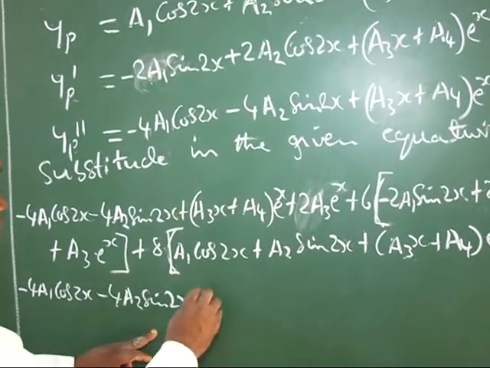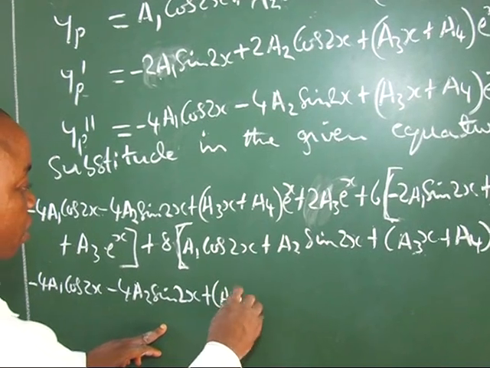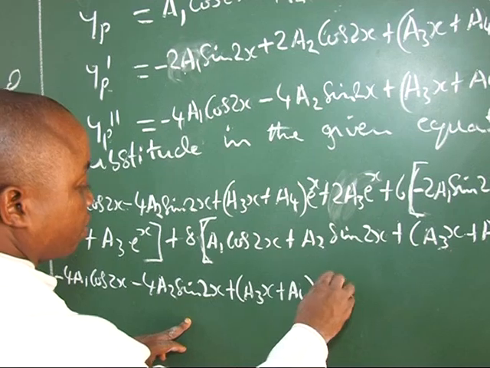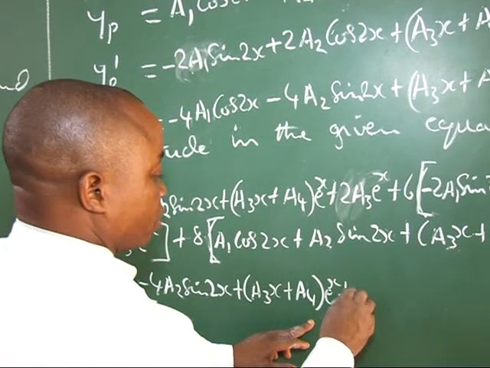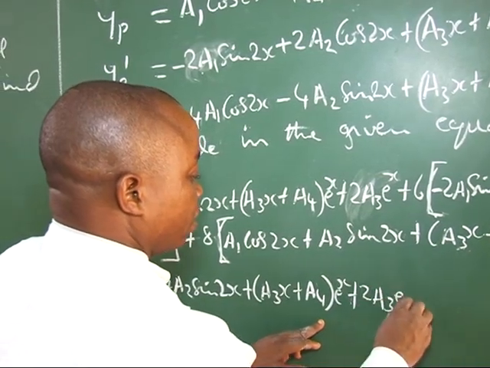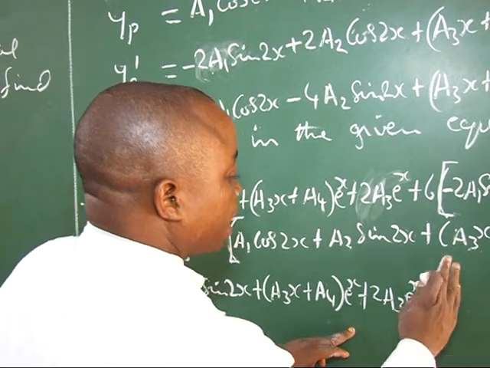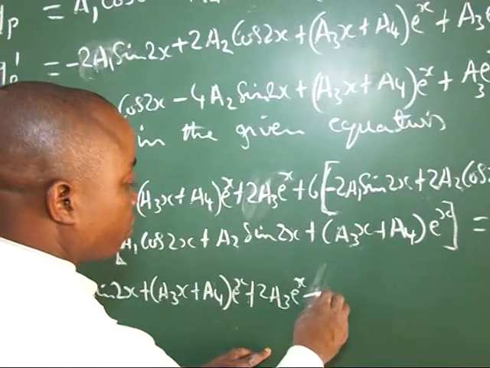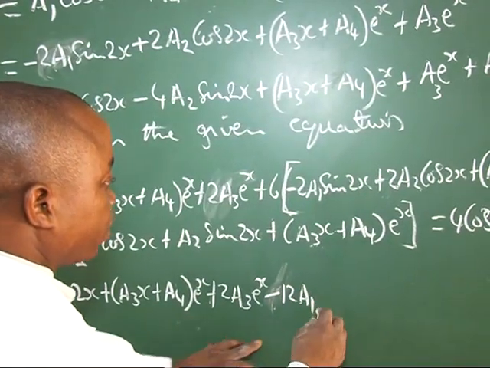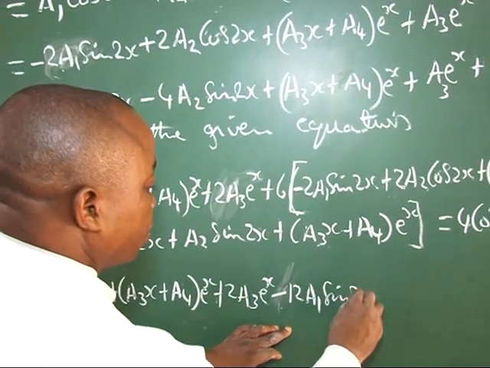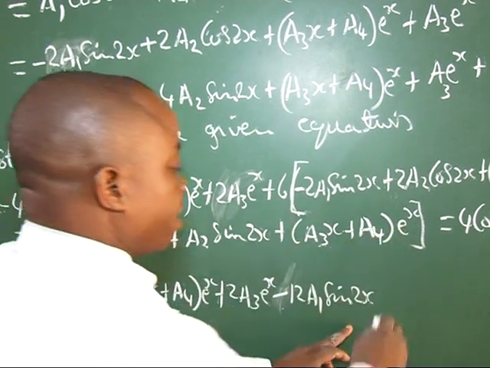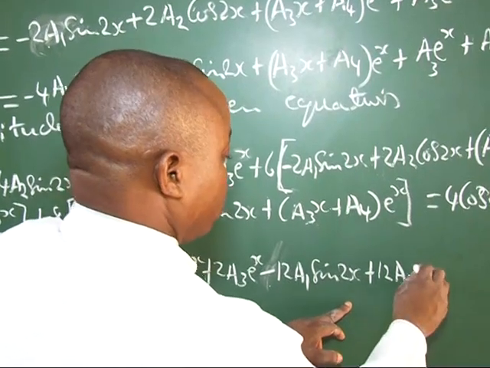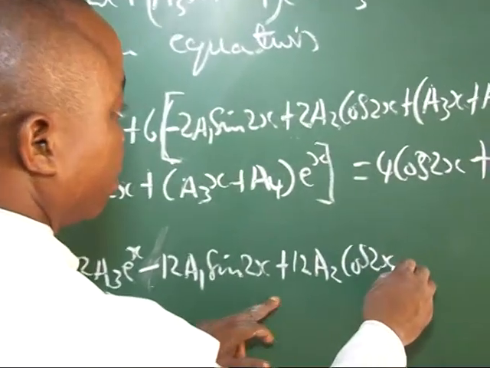Then here we have plus (a3x plus a4) exponential x plus 2a3 exponential x. Then with the 6 times here we have minus 12a1 sine 2x. Then for this we have plus 12a2 cos 2x.